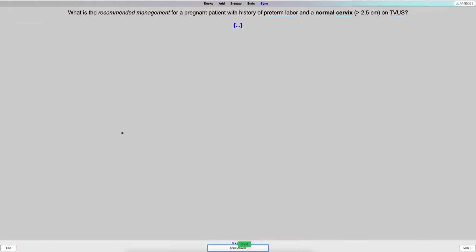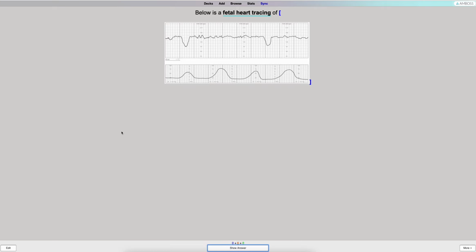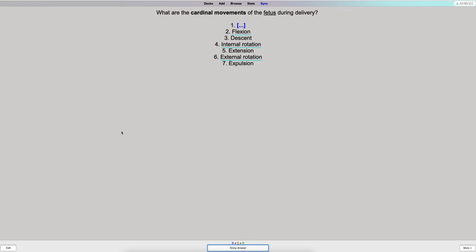Operative delivery for category 3, fetal bradycardia. Recommended management, preterm labor, normal cervix on TVUS: progesterone 0, 24. And variable decelerations. Engagement.